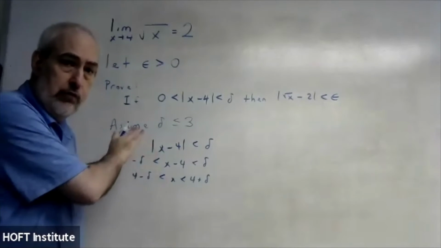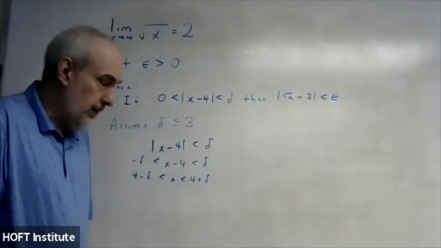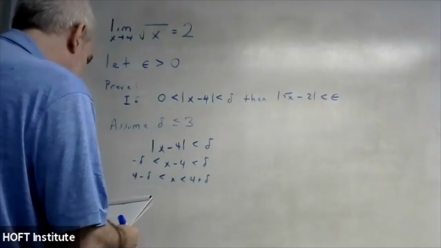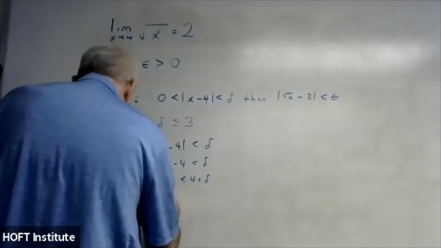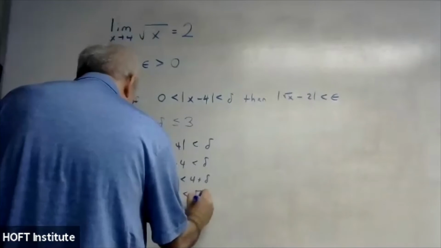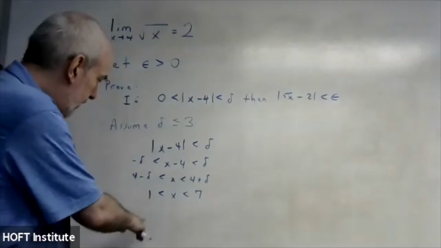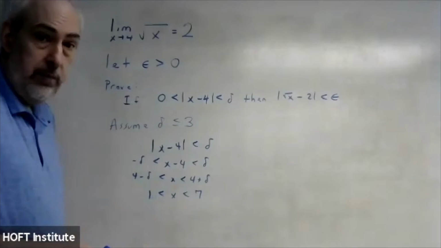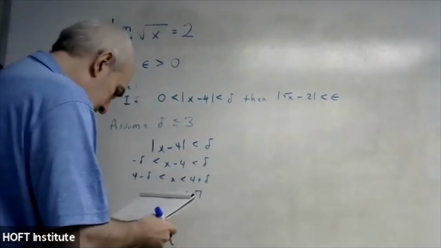And then with this restriction, this limit on delta where it can get no bigger than 3, if delta is 3 or less, that means that this is no bigger than 7, and this is no smaller than 1, so that x is always between 1 and 7.